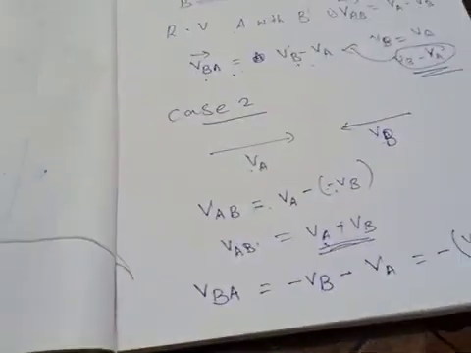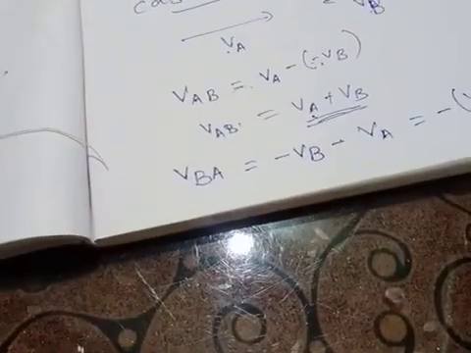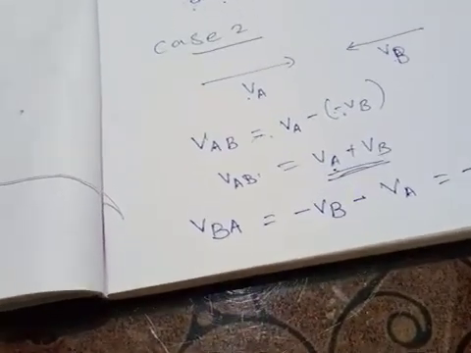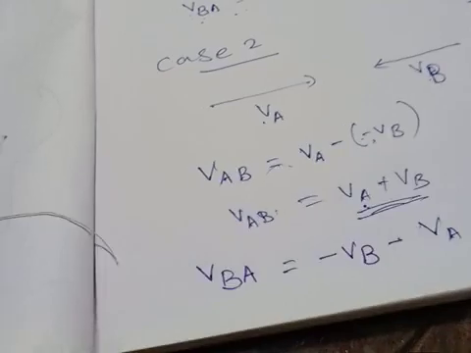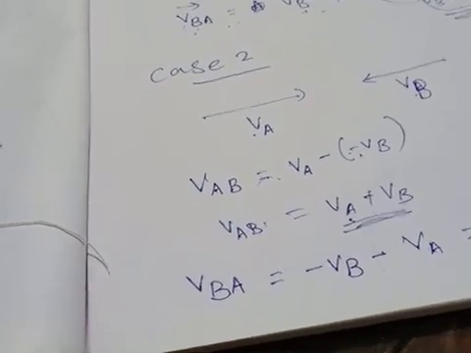So we are adding both the car velocities, and we get the relative velocity of one object with respect to another object.